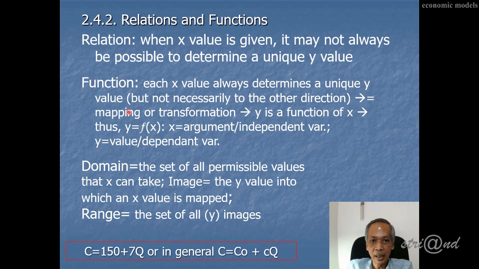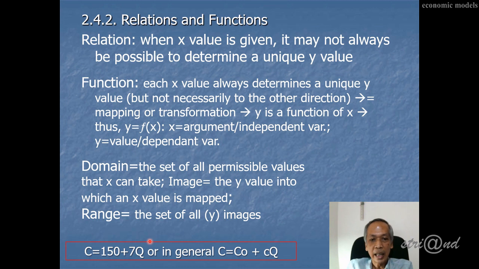This is not the case for a function. Our example here is a function. It is also a mapping, but with a more complicated equation, we will see in later chapters that the cost function is not a mapping. However, in this example, it is also a mapping.